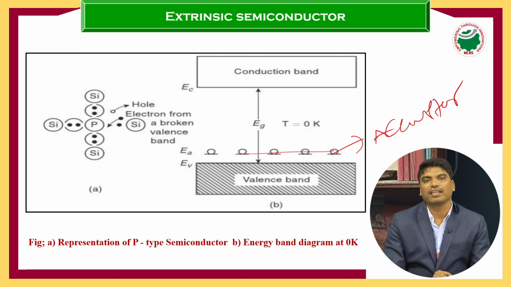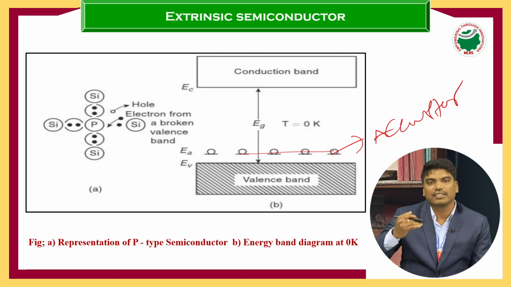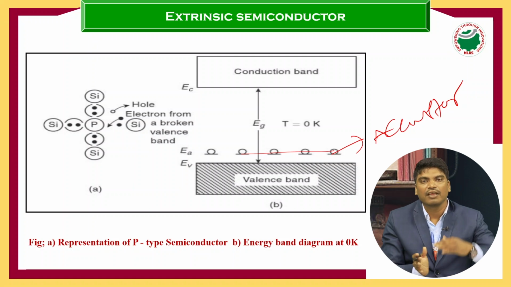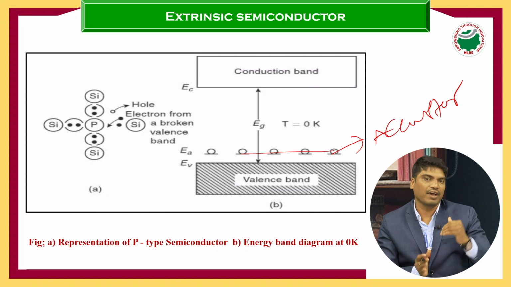At 0 Kelvin, whether it is an N-type semiconductor, a P-type semiconductor, or a pure intrinsic semiconductor, all three act like insulators. By giving a little amount of energy, in the case of intrinsic, electrons jump from the valency band to the conduction band. The number of electrons in the conduction band is equal to the number of holes in the valency band.